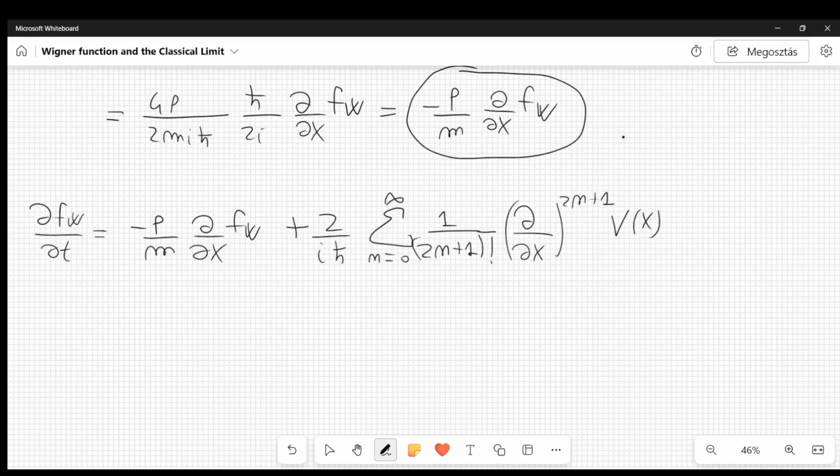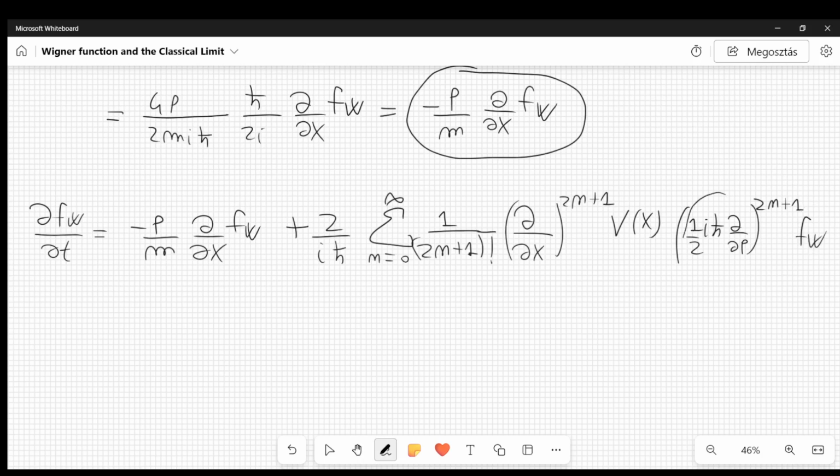So I have rewritten v of 2n plus 1 in this form. And then we have 1 half h bar times i d over dp. And remember that this is raised to the power 2n plus 1. And if I want to finish writing the expression, I have the Wigner function here.